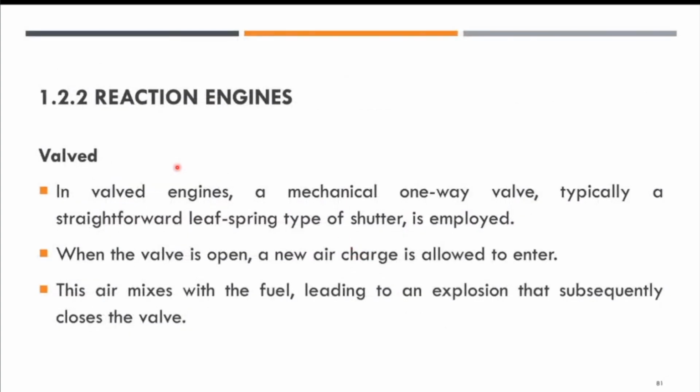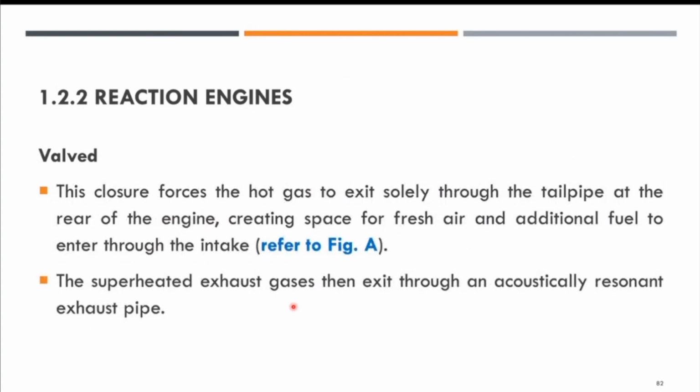For the valve type engine, a mechanical one-way valve, typically a straightforward leaf spring type of shutter, is employed. At the moment the valve is open, a new air charge will enter, and the air mixes with the fuel, leading to an explosion that subsequently closes the valve, and this closure forces the hot gas to exit solely through the tailpipe.